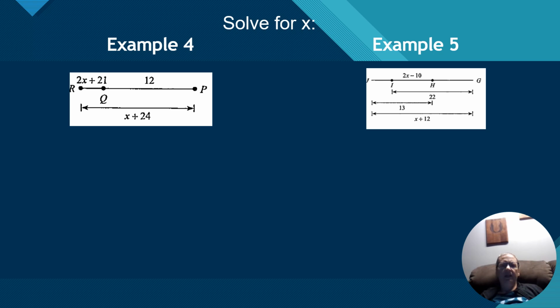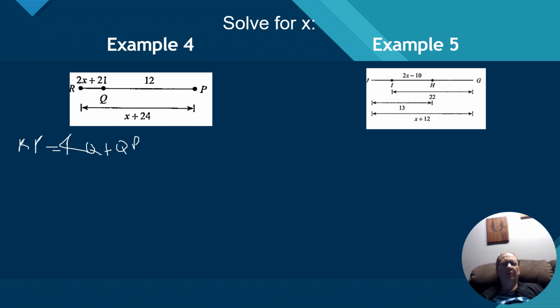All right, in our last two examples, we are still using our addition postulate. This first one, example 4, is a little bit easier than example 5, so let's jump in. Example 4, we're going to use the addition postulate the normal way. So we're going to set it up as our entire segment, RP, is equal to RQ plus QP.